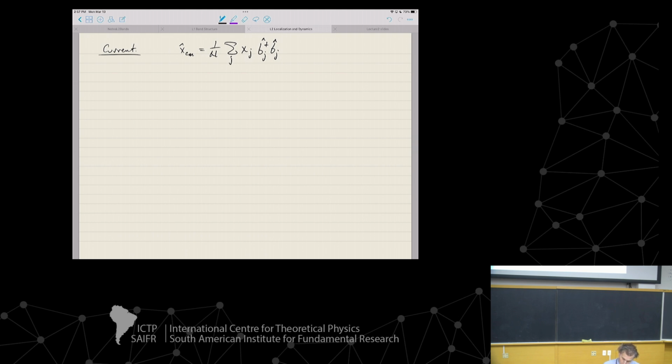So if I have a net current in that cloud, the center of mass is going to move. It's going to be transported by the total current. And so it makes sense to write out something which is a current operator. And we'll show that if I use an operator of the form which is the commutator of the Hamiltonian and x center of mass, then I get what I expect.